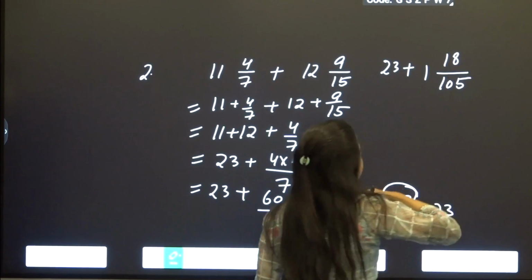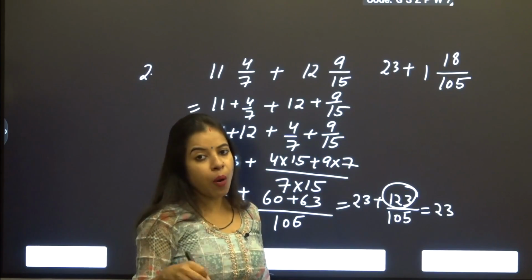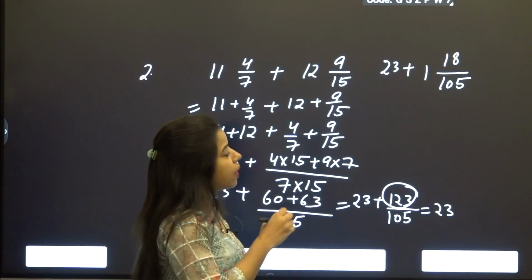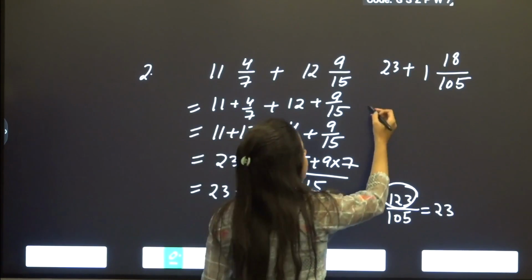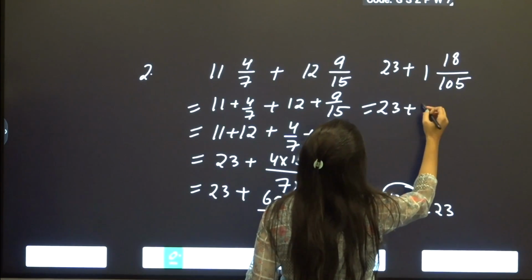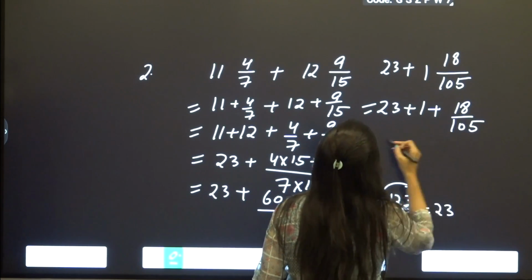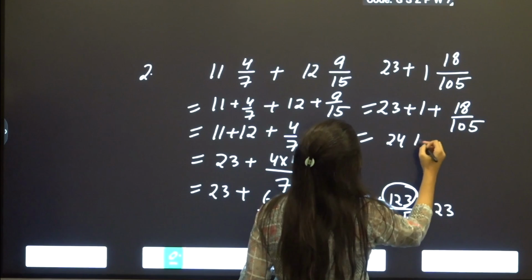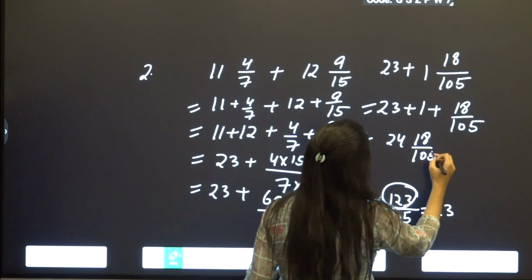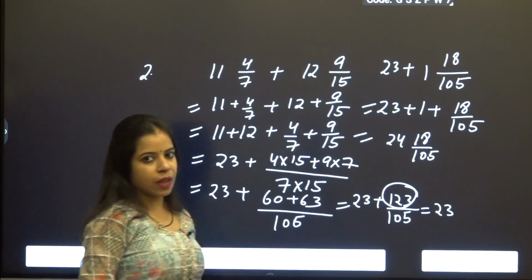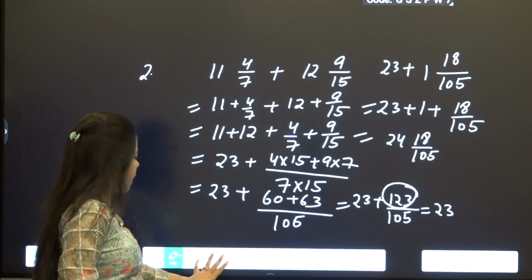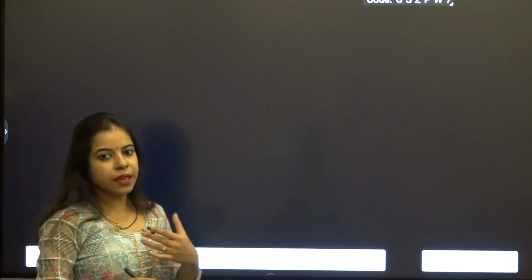So 123 upon 105 is basically 1 18 by 105. So this is 23 plus 1 plus 18 by 105. So this will be 24 18 upon 105. This is the answer.